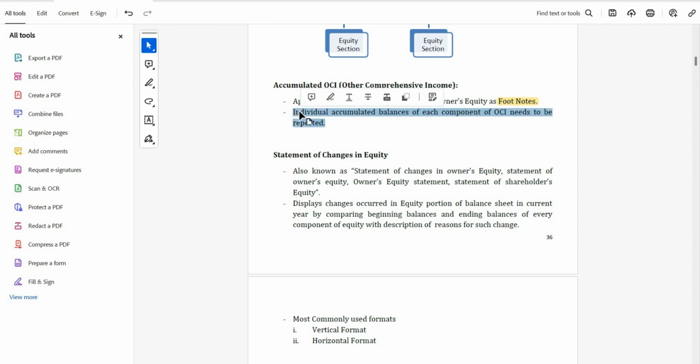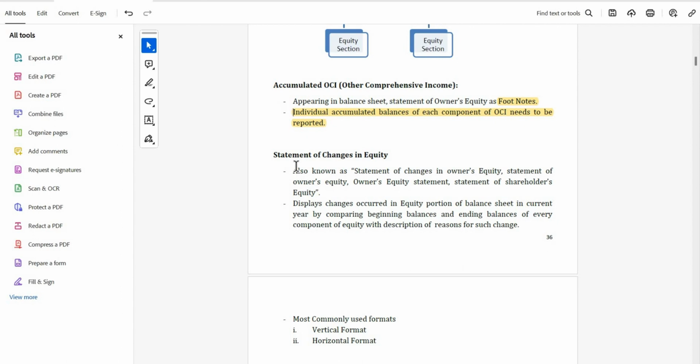You just learn this because these kinds of questions can also come under MCQs. You have to find the right one out. We do not report the aggregate accumulated balance, we report the individual accumulated balance of each component in OCI.